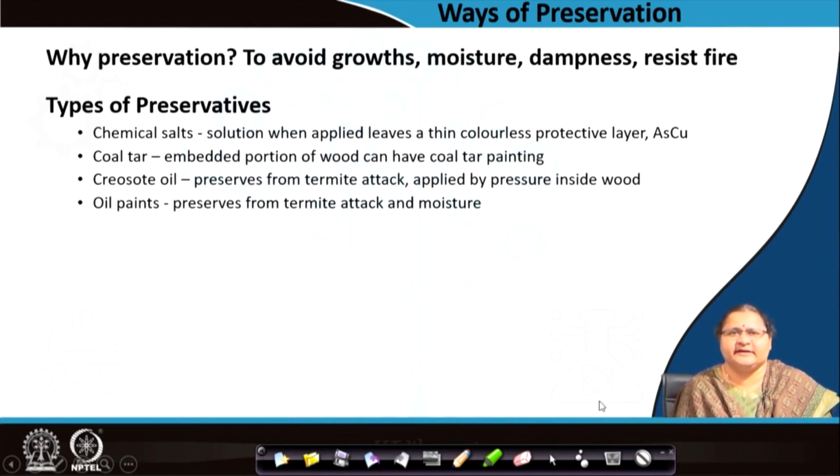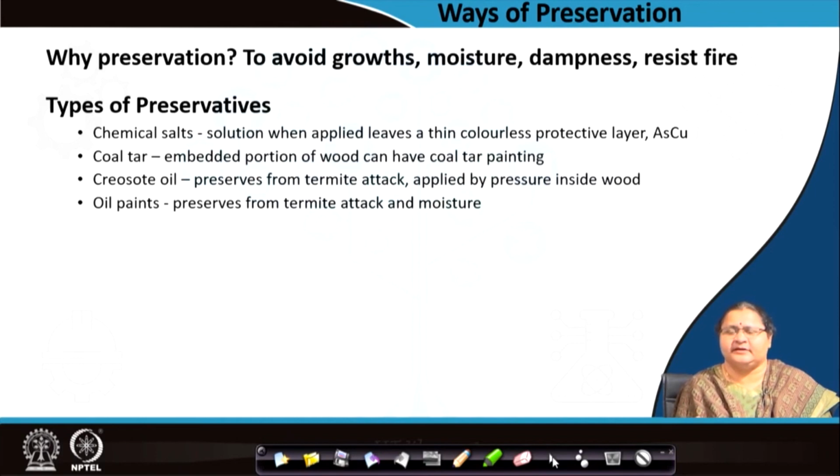Creosote oil, that is by oil treatment, you can do a preservation of timber mainly to avoid attacks of termite. You can also impregnate or push in or inject some oils to give preservation from inside, because timber can have growths externally.